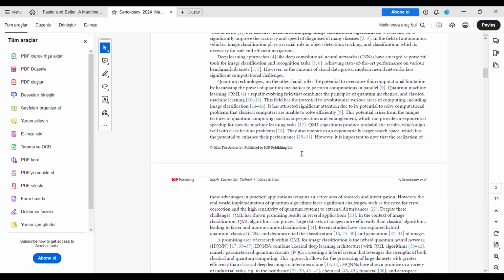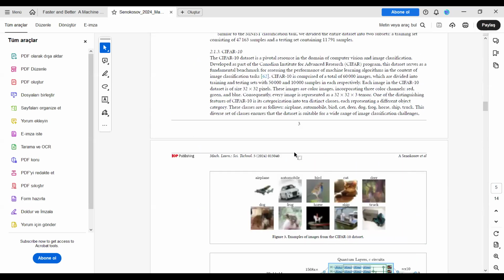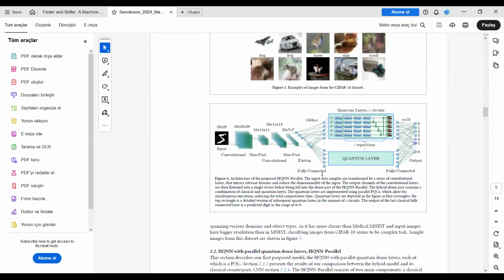Everybody knows that our project purpose is realizing the corner detection part by using machine learning. I don't know if we can complete it, and everybody knows time is closing, but I want to share. I found this paper, and this is an example of our proposed model. This part of the model completes the corner detection and extracts features. This is the convolutional part. But our purpose is the detection of the corner, and after that we extract the features of the corner and train the model using these features.